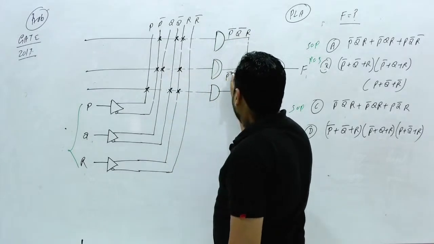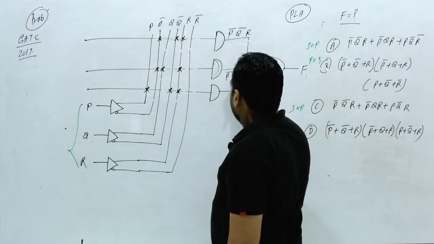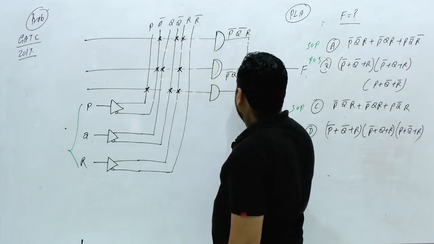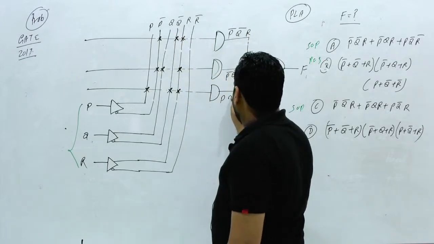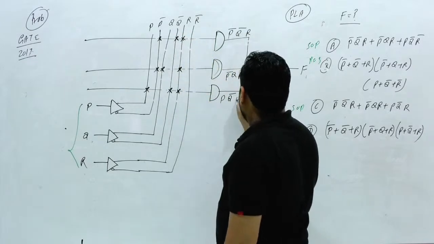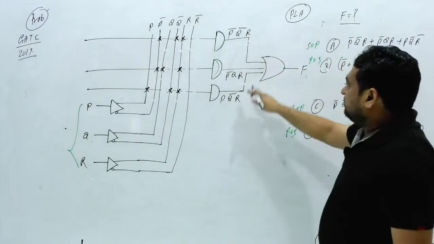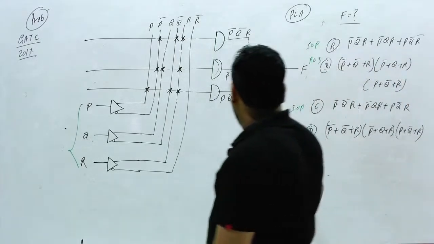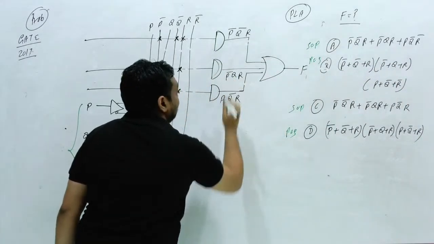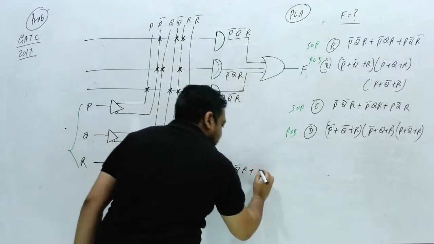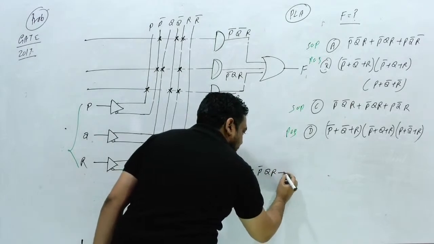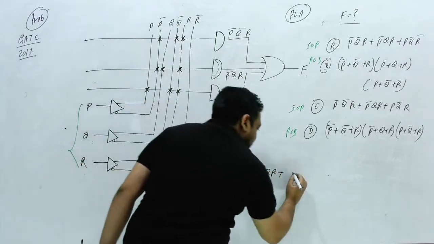This is nothing but P bar, Q, and R. P bar Q R, and this one is P, connected with Q bar, and connected with R. And all these 3 having OR. So what will be the output function? F is nothing but P bar Q bar R plus P bar Q R plus P Q bar R.